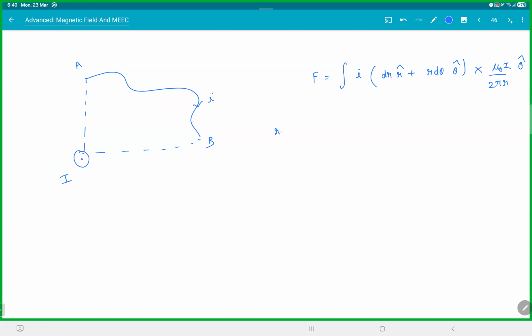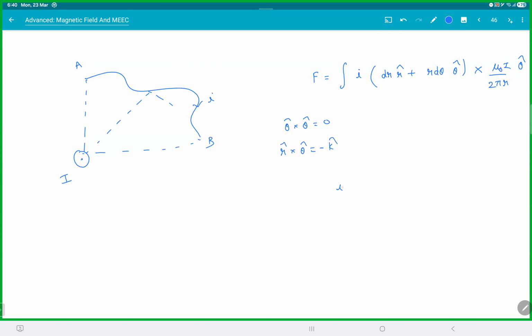Same stuff. So theta cap cross theta cap is 0, and r cap cross theta cap will be k cap out of the plane, or minus k cap depending on how you want to take. In this scenario, it is minus k cap.